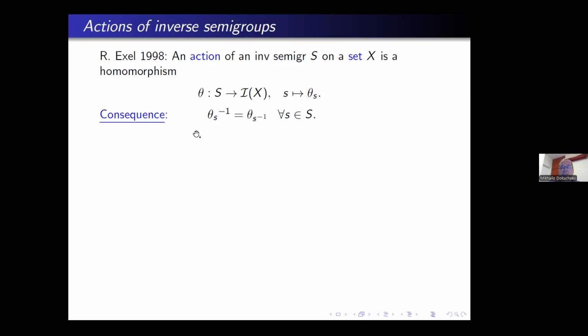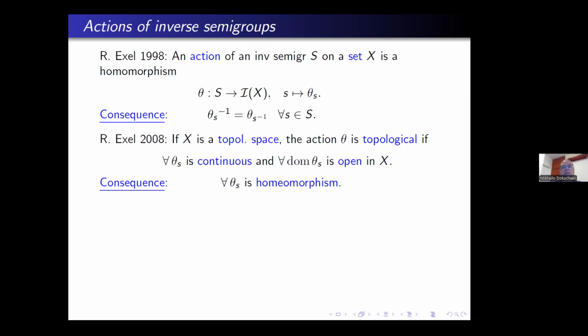So it respects inverses in this sense. In the topological case, we say that theta is a topological action if each theta s is continuous and the domain of each theta s is open in X.